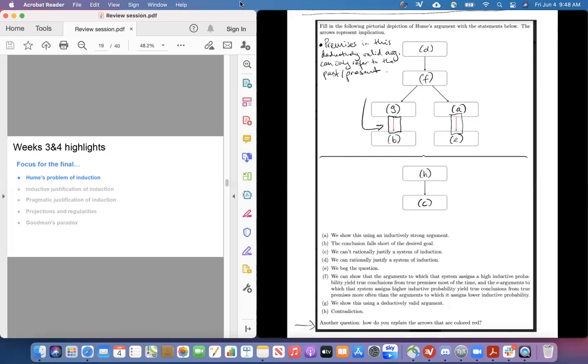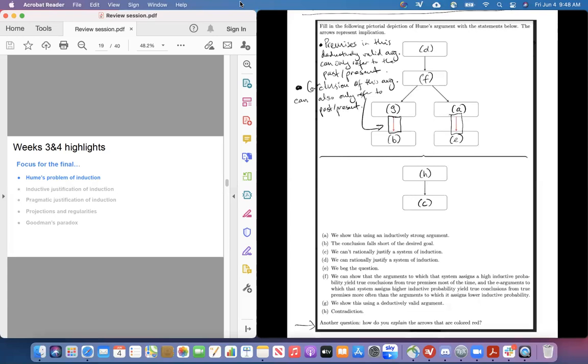But what do we know? The conclusion of this argument can also only refer to the past and the present. Why is that?